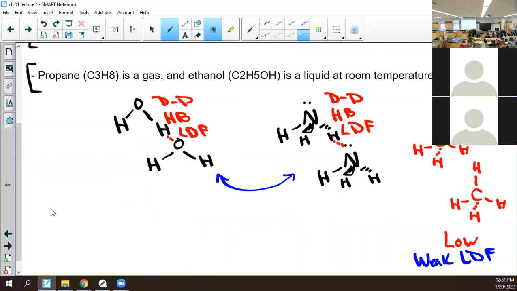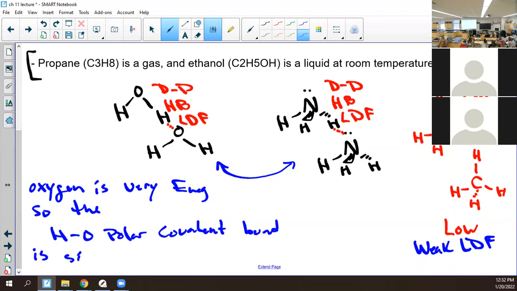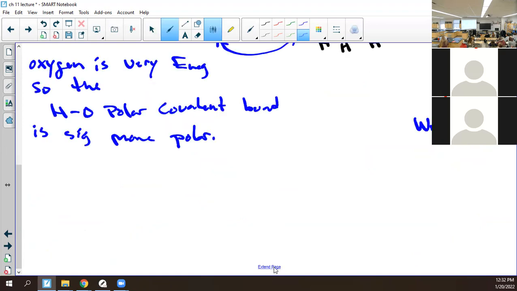Okay, very good. Oxygen is very electronegative. So the H2O polar covalent bond is significantly more polar, which means greater dipole forces.